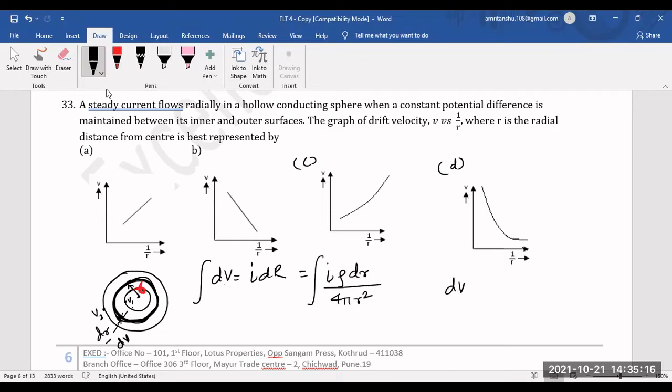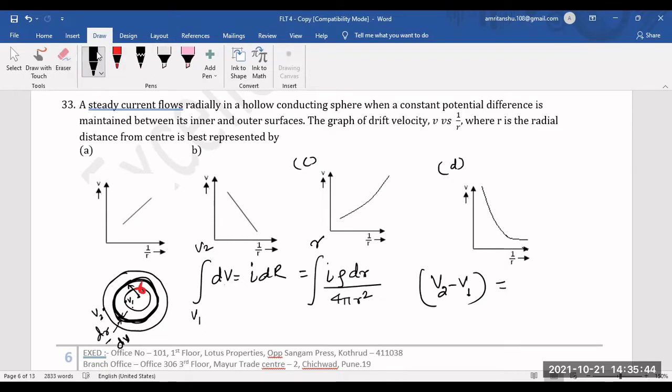dV is equal to, or rather, let's take limit V1 to V2, 0 to, let's say, take a distance r, because at this point there's no current assuming. So it will be V2 minus V1. Oh, okay. So it's not going to be 0.